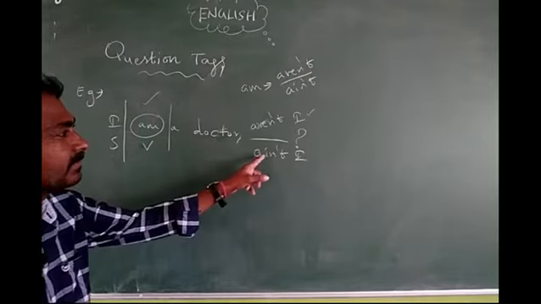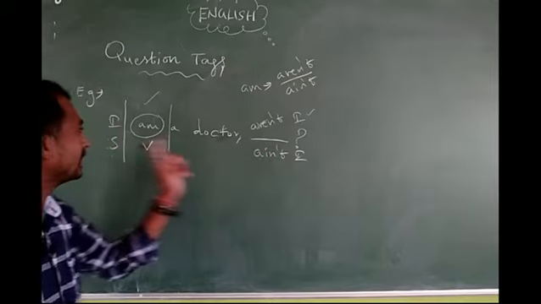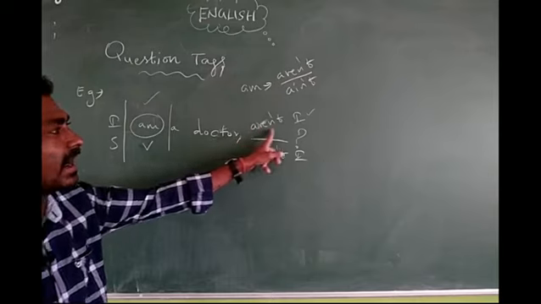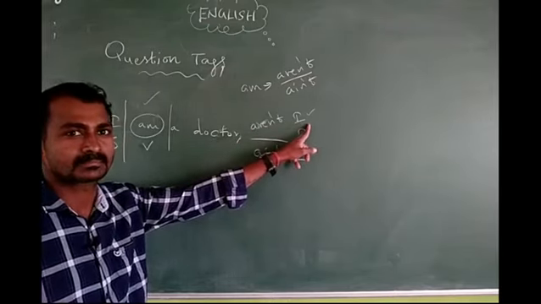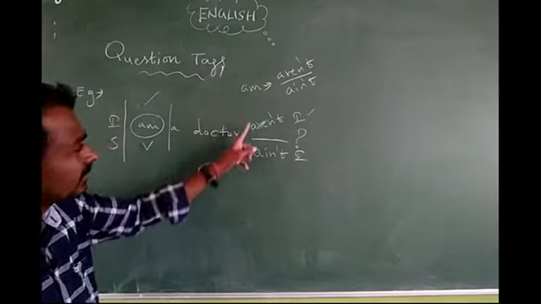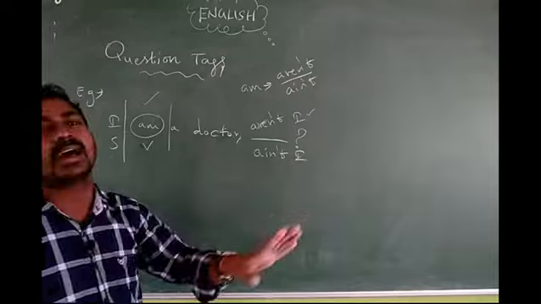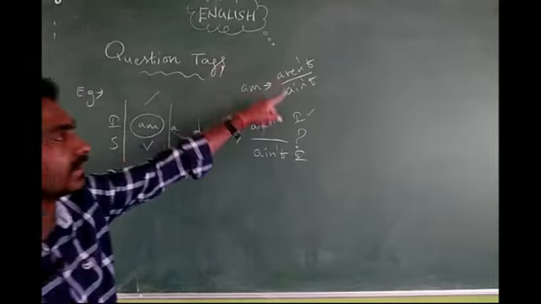At the end of the statement, we have to add a short question. Like that I have written, you know that. I am a doctor, aren't I? You got an idea? Or otherwise, suppose you forget this answer, you can write this one: ain't I. The same, only the word am takes aren't or ain't.